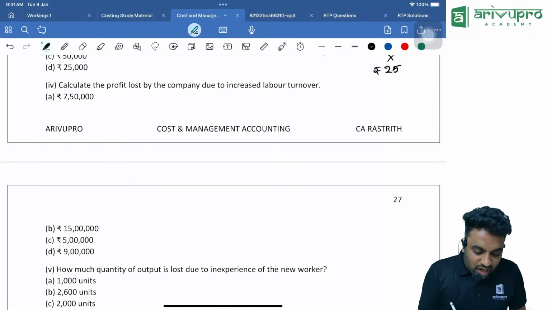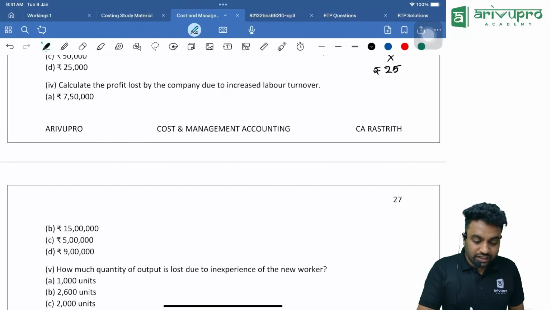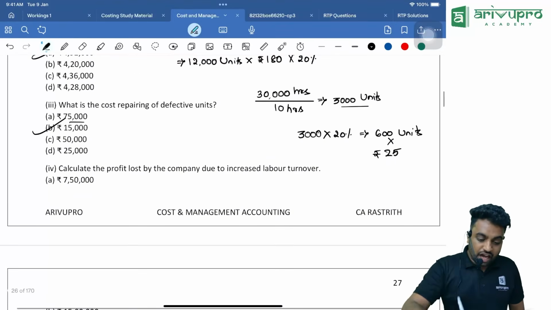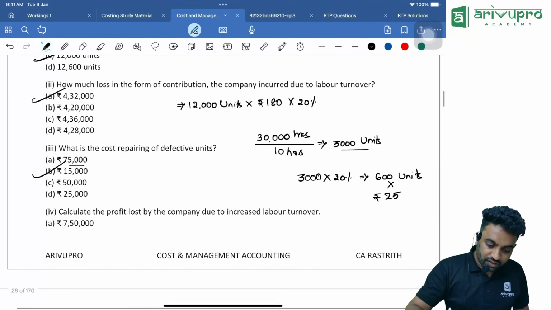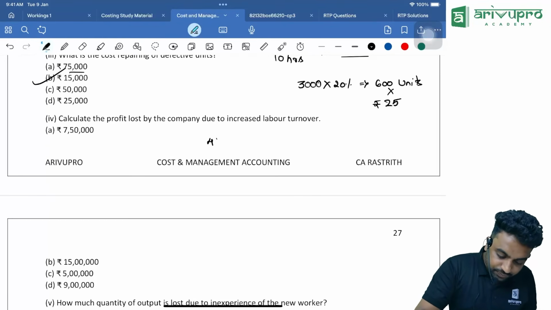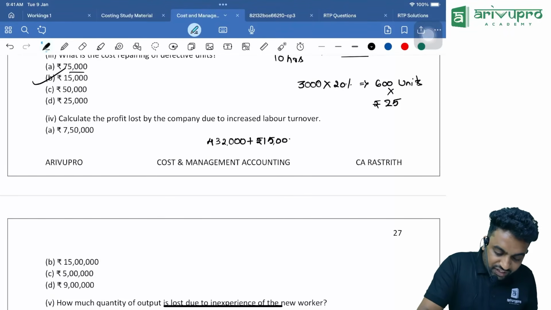Calculate the profit lost by the company due to increased labor turnover. Guys, first, how much profit are you losing? 4,32,000. Plus due to defectives, how much are you spending? 15,000.